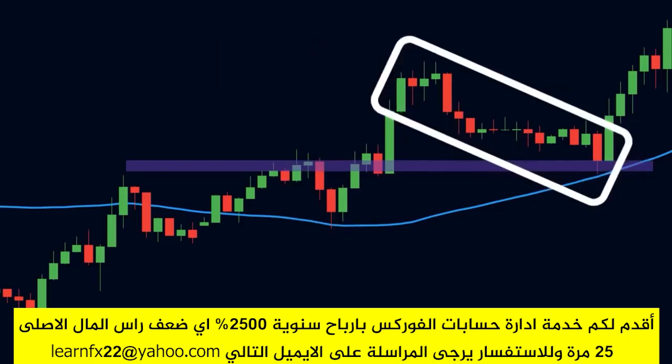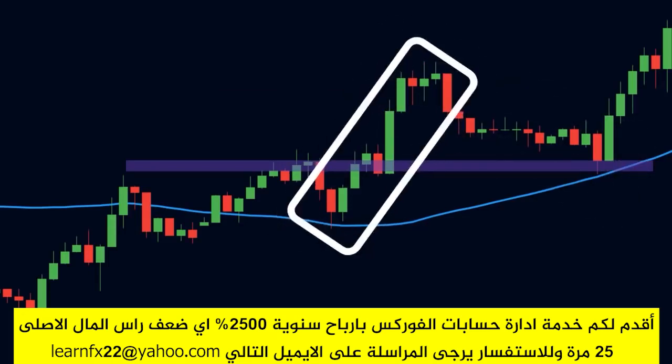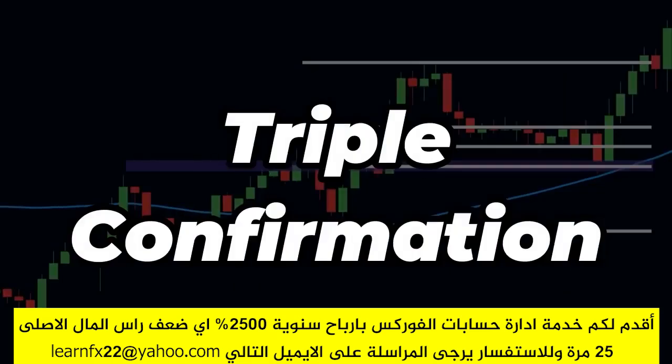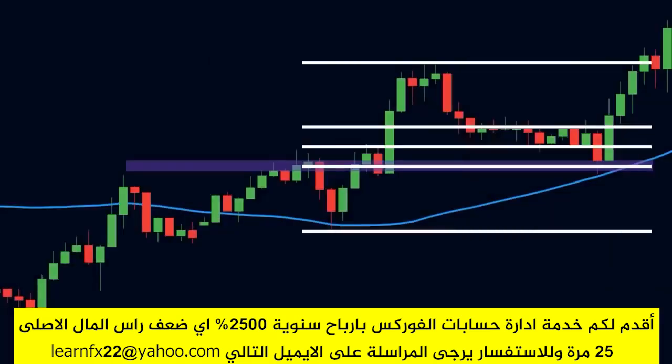When the price starts to retrace here, we identify this up move, and we plot the Fibonacci retracement tool over it. We can see that the 61.8% level coincides with the support level, as well as the 50-period moving average. So, we have triple confirmation on this setup. The retracement level, moving average, and the support level all coincide around the same price area.